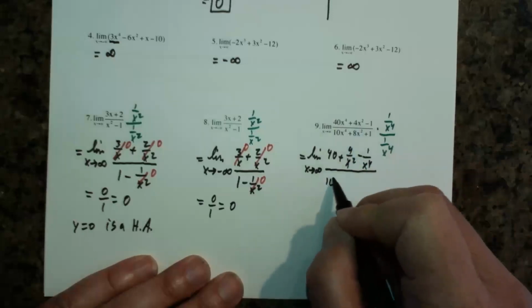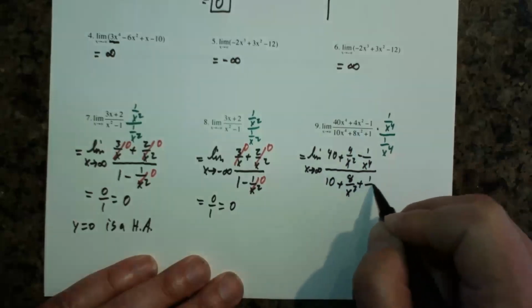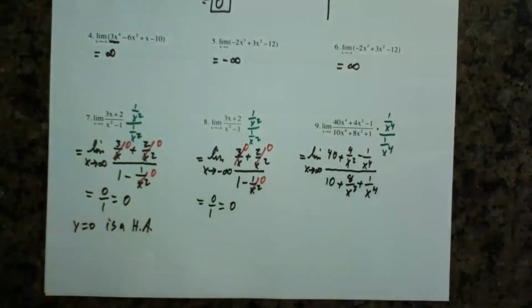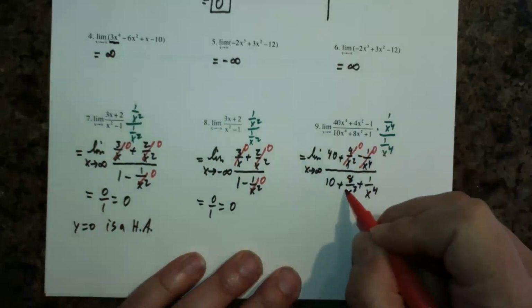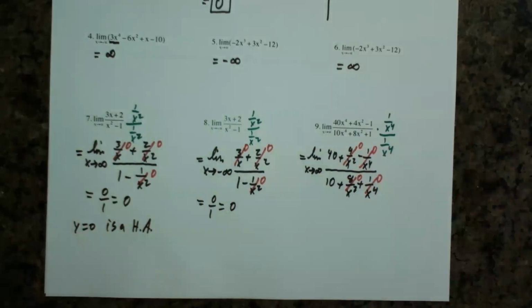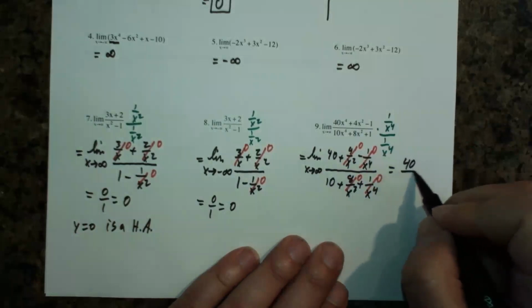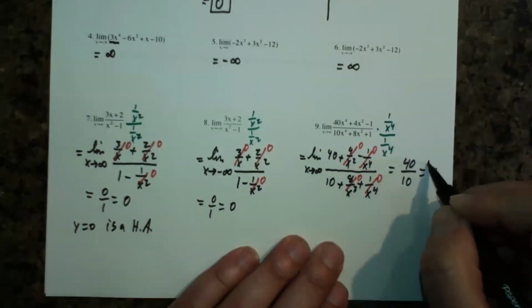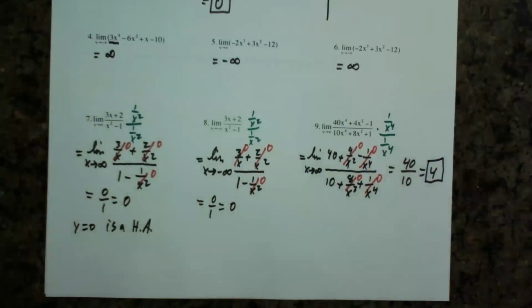And down here, we just have 10 plus 8 over x squared plus 1 over x to the 4th. Each of these goes to 0 at infinity: 0, 0, 0. Which means we end up with 40 over 10, or 4. Again, that means there's a horizontal asymptote at y equals 4.